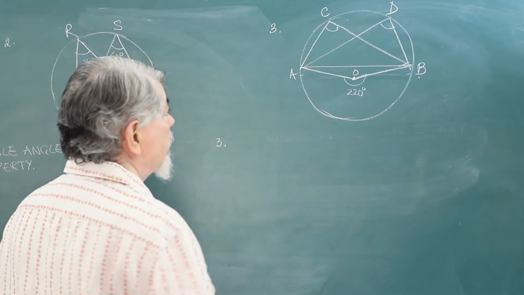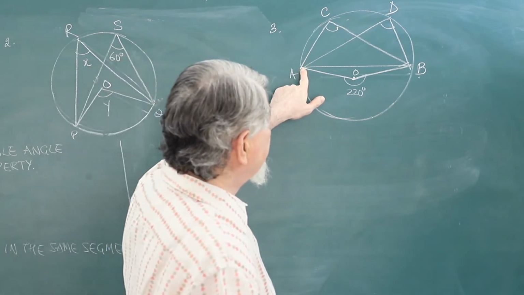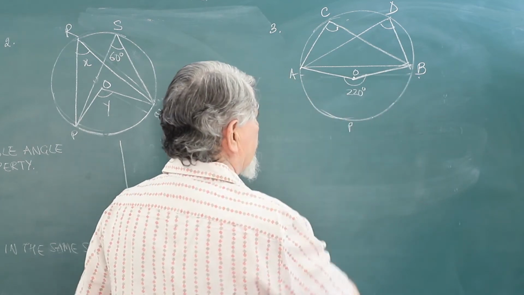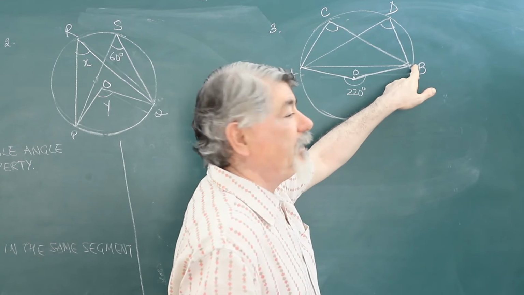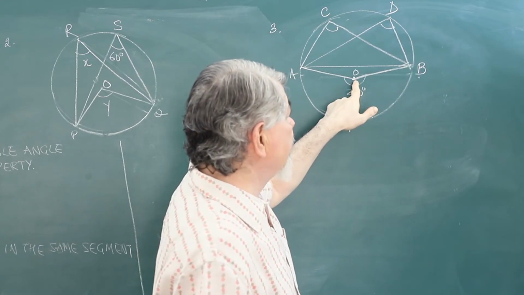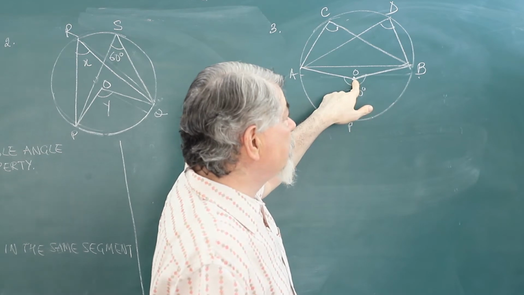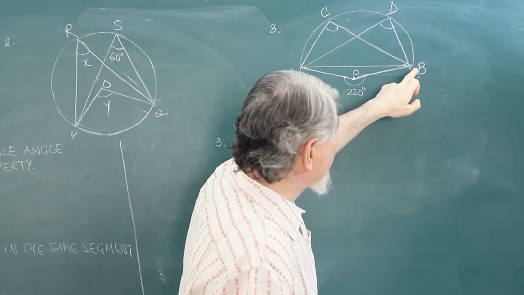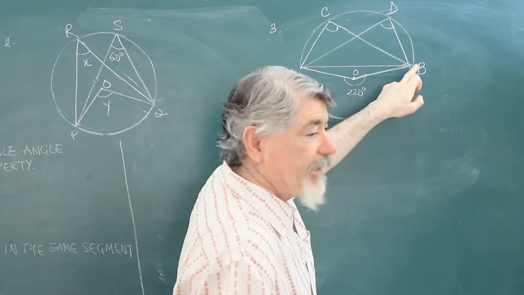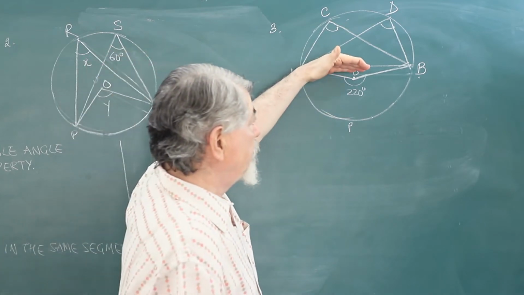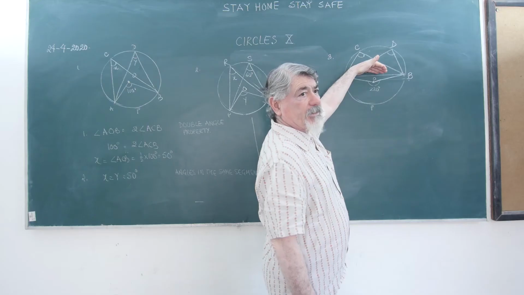Question number 3. Now please see AB. APB is the major arc. It is a major arc because it contains the center of the circle. The chord AB divides the circle into two segments, major segment and minor segment.